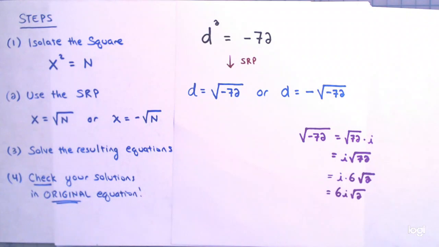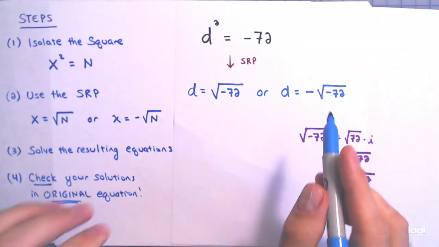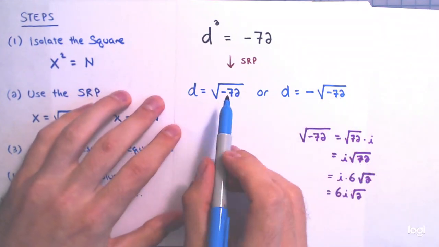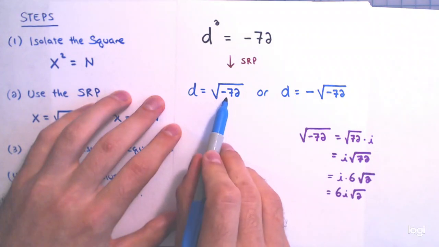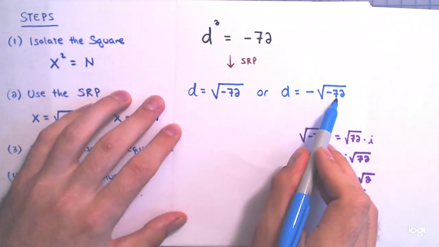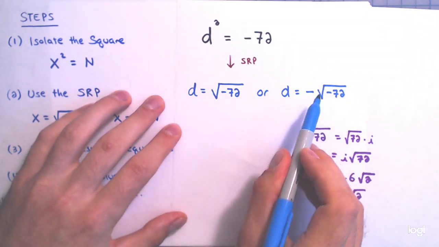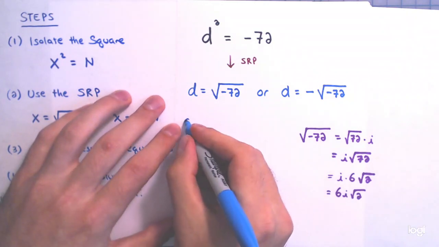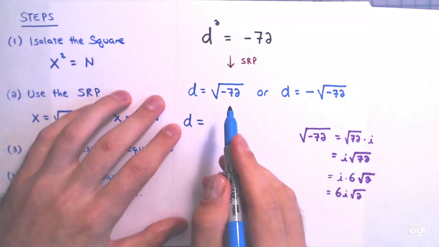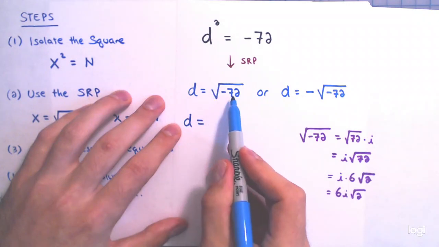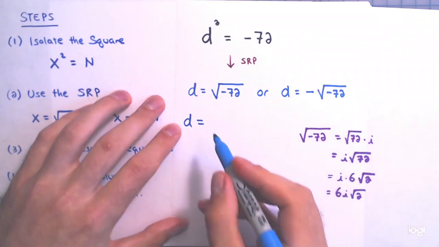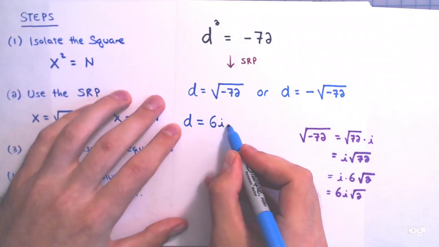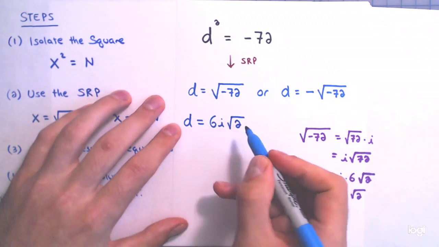All right, so going back up here, like I said, whenever you see the square root of a negative, like I'm seeing in these two, rewrite it immediately as a pure imaginary, a real number times I. So in the left equation, I have d equals the square root of -72, which we saw was 6 times I times the square root of 2.